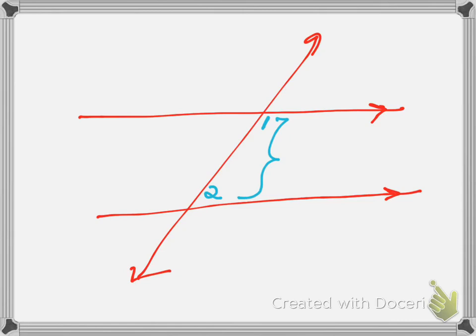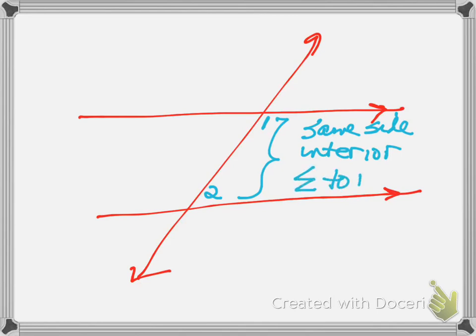So these two are same side interior. Same side interior angles will sum to 180 degrees. They will not be equal. And this is the first set that we've had that is not equal. So that's one thing we want to talk about.